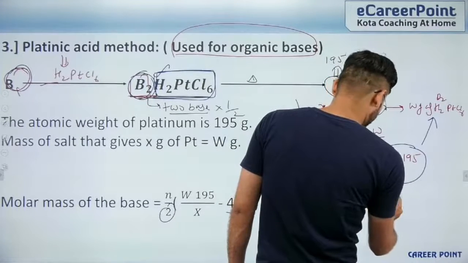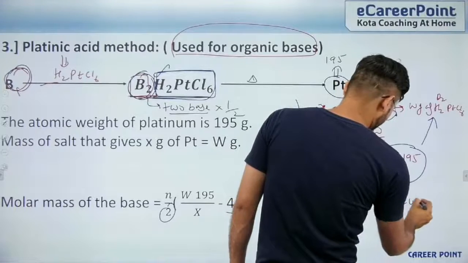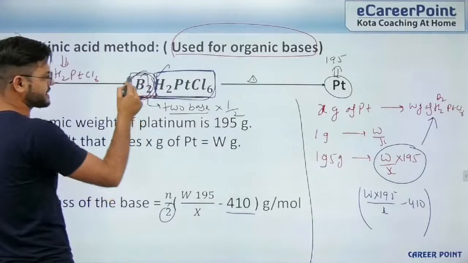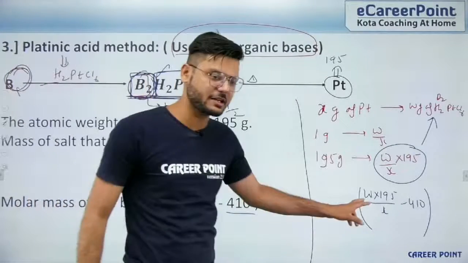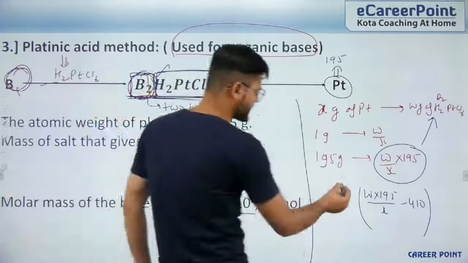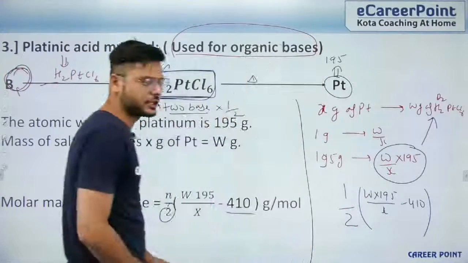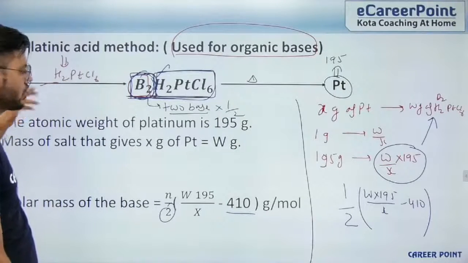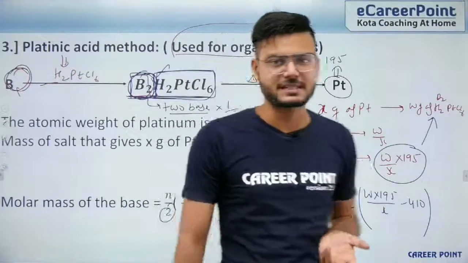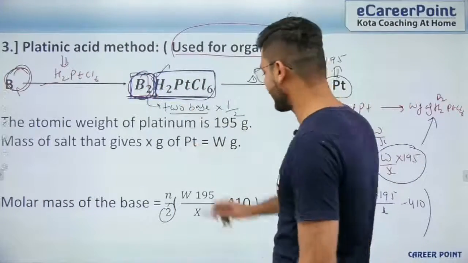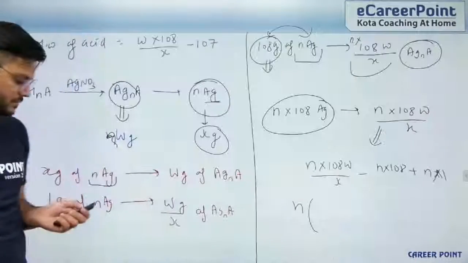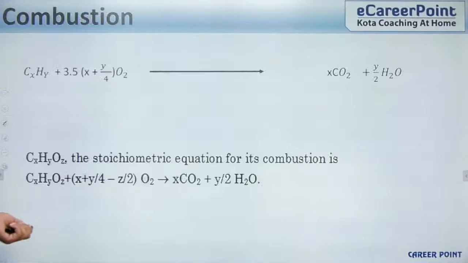So W into 195 by X minus 410, and now this remaining weight is for this B2, and it has two bases. So for one base I need to divide it by 2. Similarly, if there is n type of base, or the acidity of this base is n, you need to multiply by the n factor, like in the previous case. So this is how you need to calculate for the organic base.